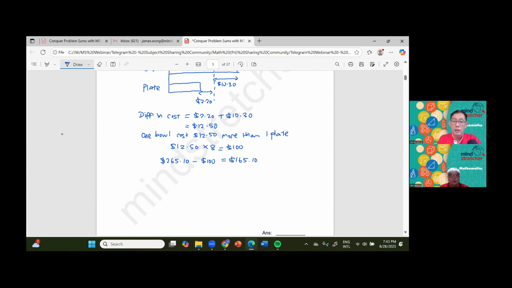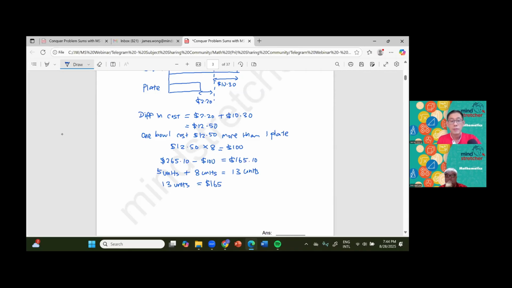Now with that, the total number of plates bought will be 5 units, if I call this a unit, plus the 8 units. So altogether, I will have 13 units. If I were to just buy plates, that means the 5 plates plus the 8 plates instead of the 8 bowls. In total, these 13 units will be equal to this amount, less the $100.